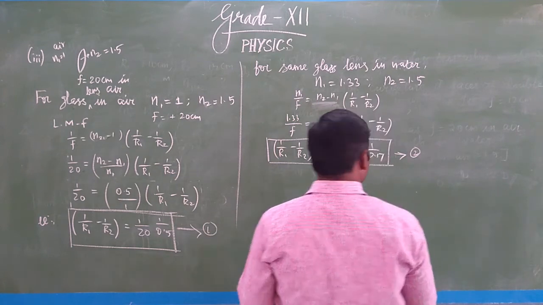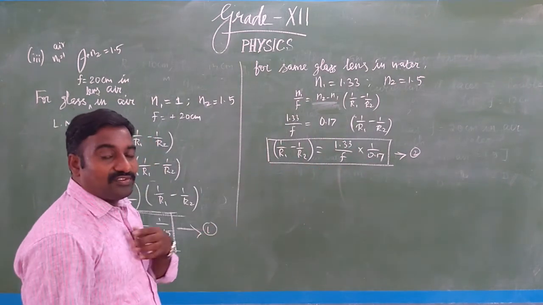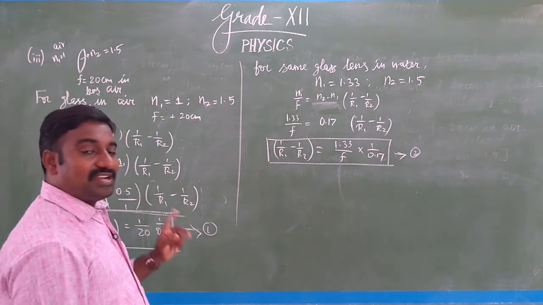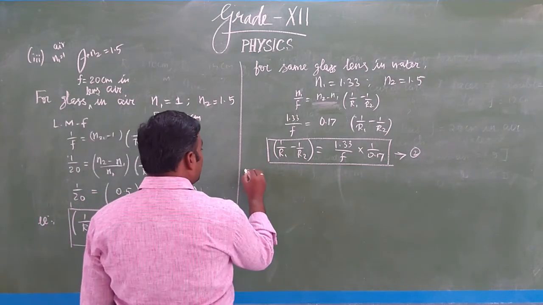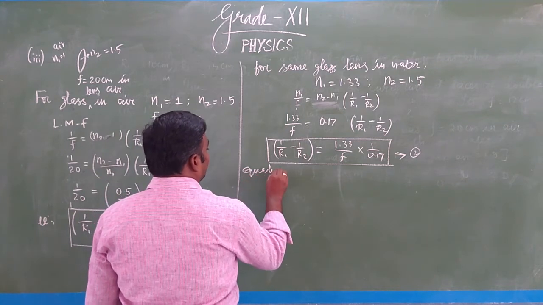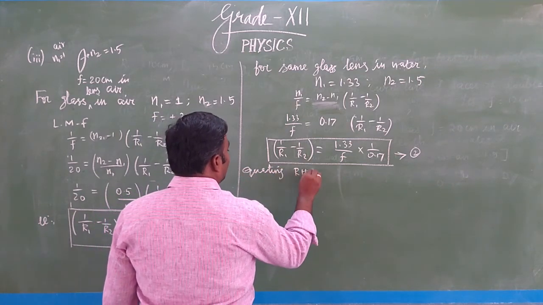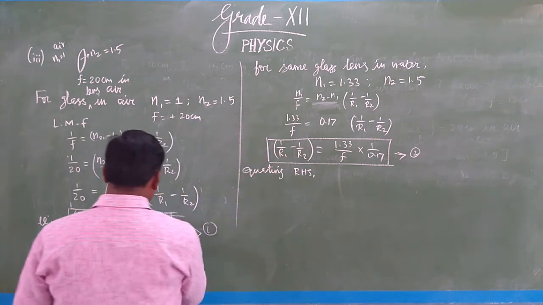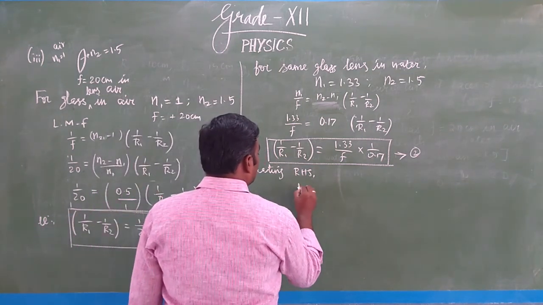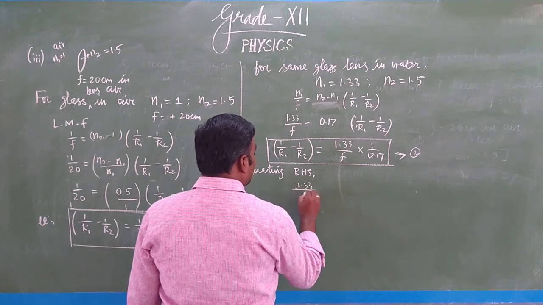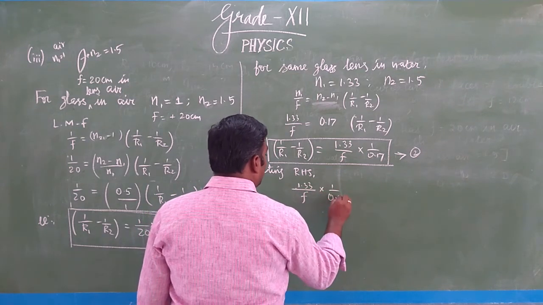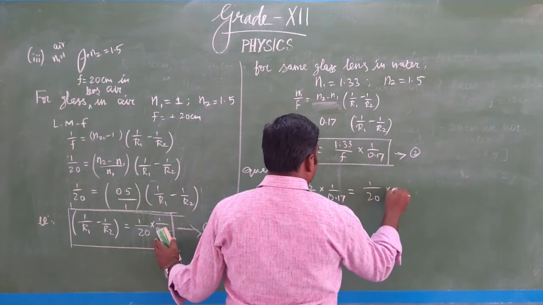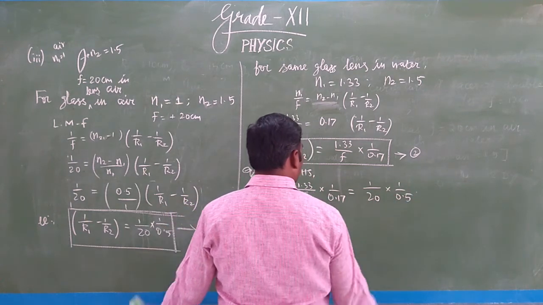Compare equation 1 and 2. The left hand sides are equal, so automatically the right hand sides will be equal. Equating the right hand sides, 1.33 divided by f into 1 by 0.17 is equal to 1 by 20 into 1 by 0.5.